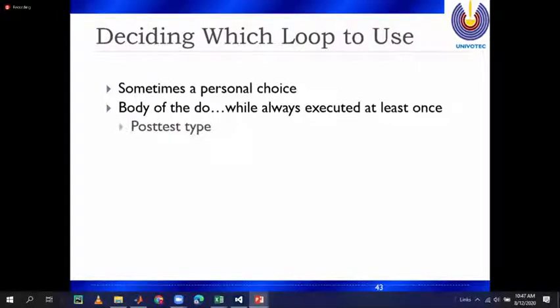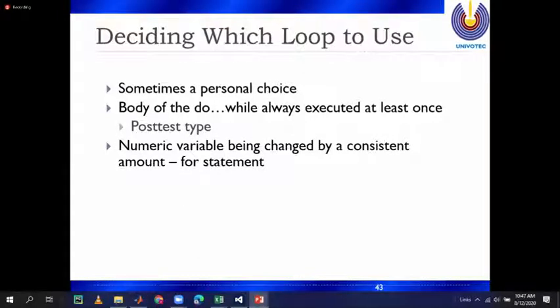It is the post-test type. If a numerical variable is being changed by a consistent amount, then you can use the for loop. If an increment or step is there, then you can use the for loop.